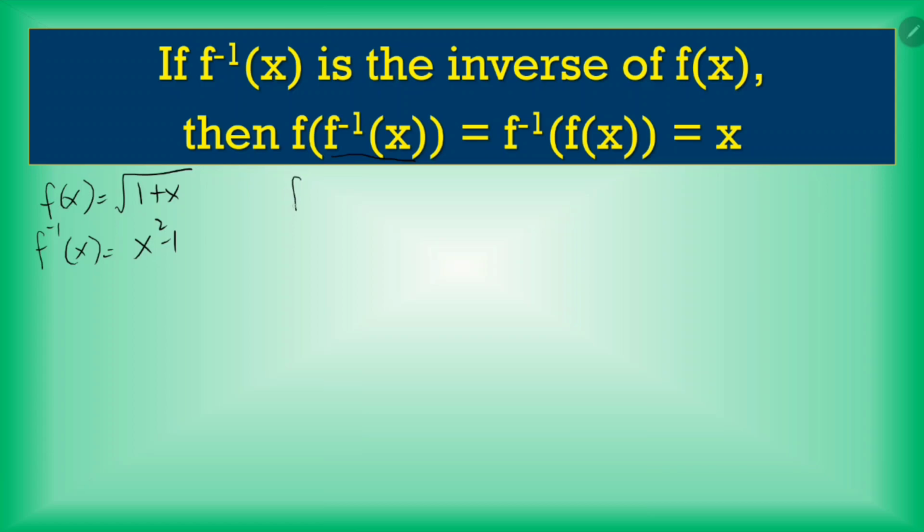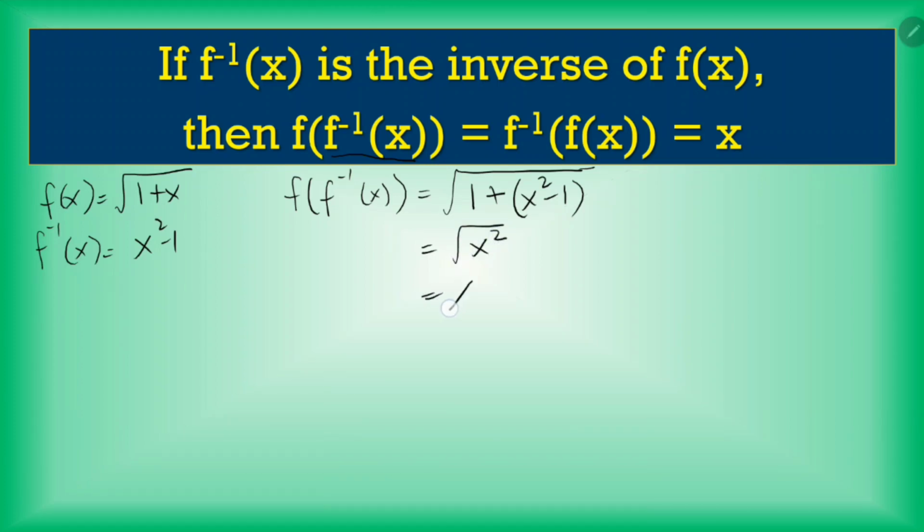So we have f of f raised to negative 1 of x, which is equal to the square root of 1 plus the inverse, x squared minus 1, placed inside f. Then, 1 minus 1 is 0. So, we have square root of x squared, and the square root of x squared is positive x. So, we are correct there.